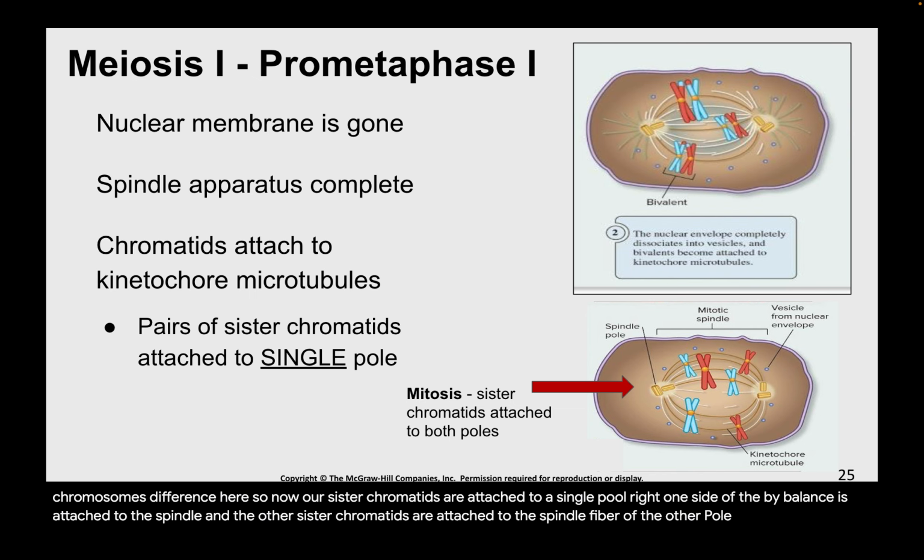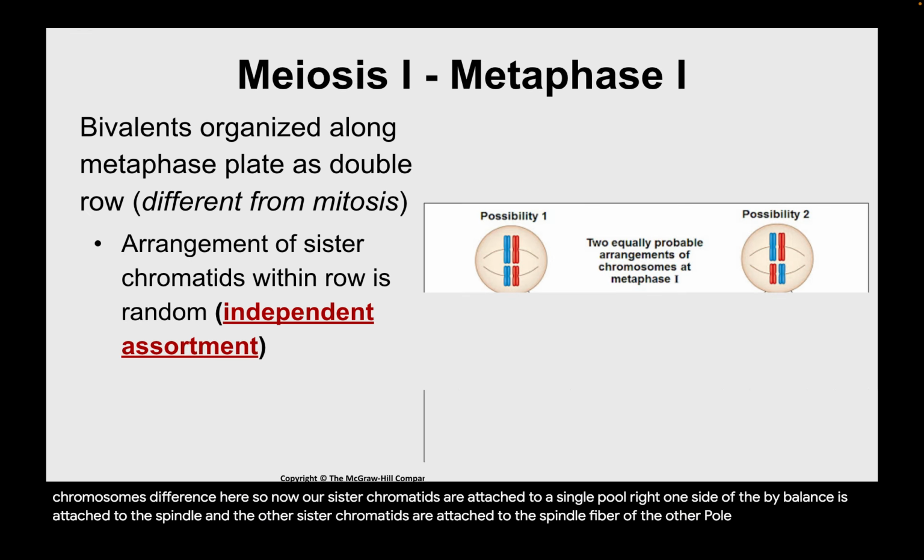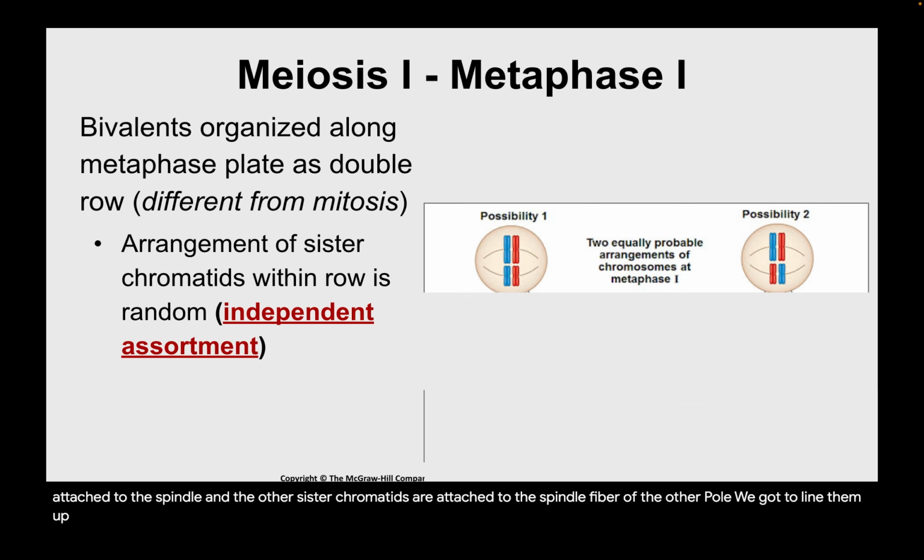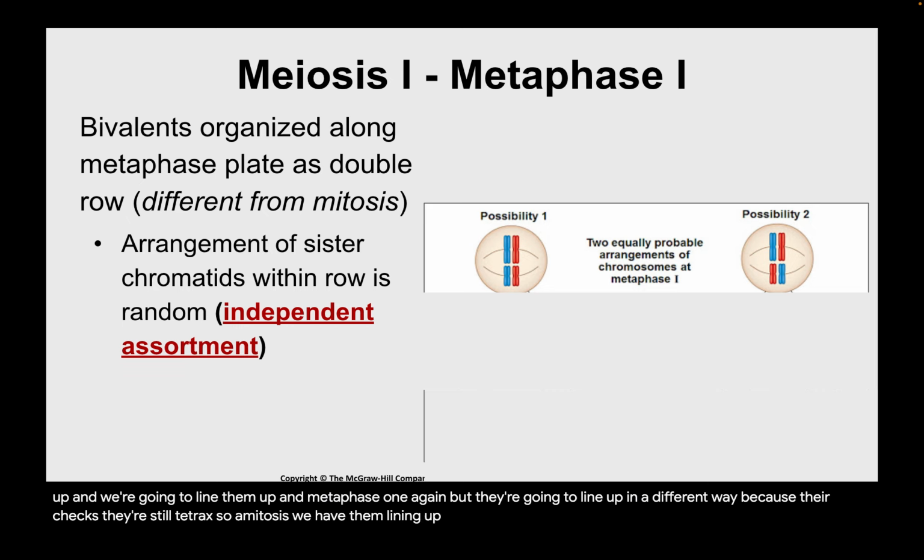All right, so now they're attached. We've got to line them up. And we're going to line them up in metaphase 1 again, okay? But they're going to line up in a different way, because they're tetrads, they're still tetrads. So in mitosis, we have them lining up in a single row. If we thought about mitosis, our chromosomes would be lined up in this single row.